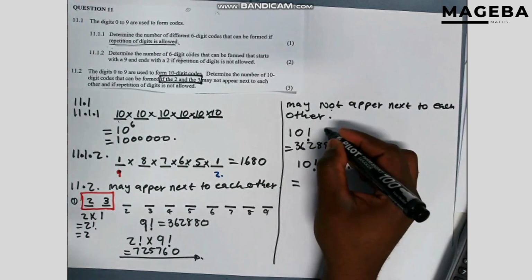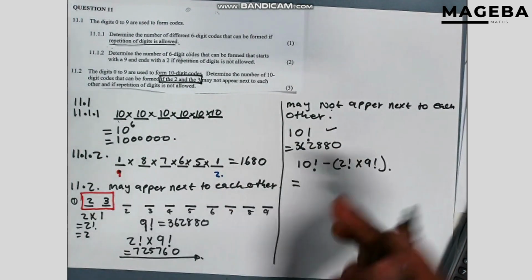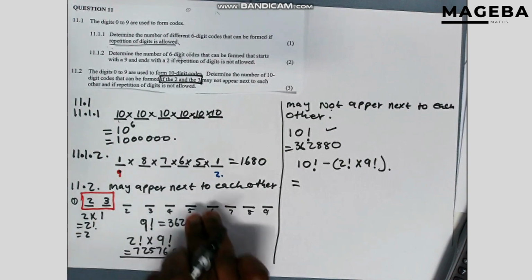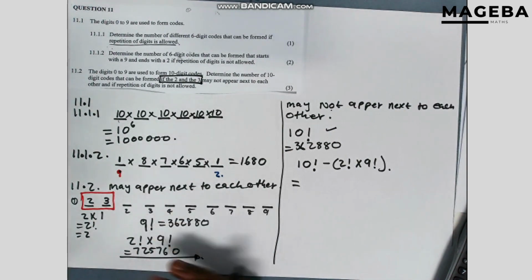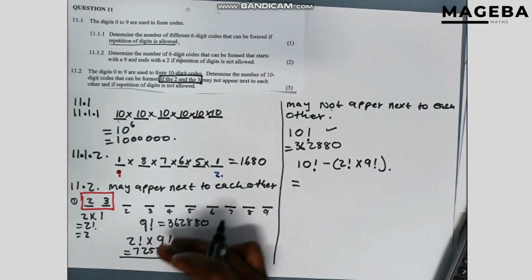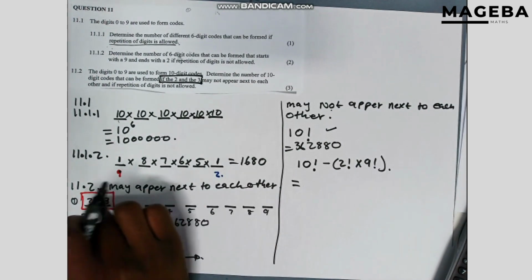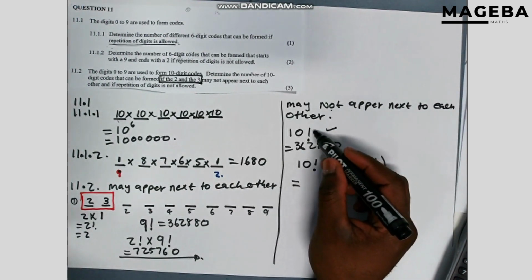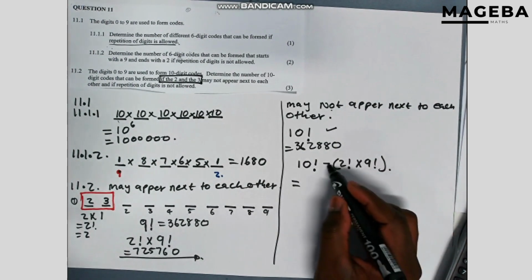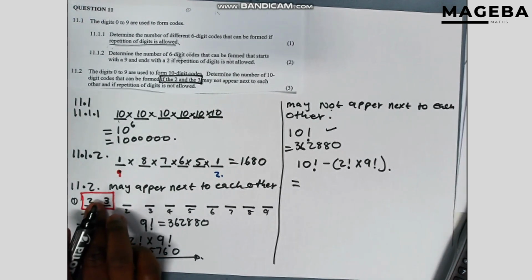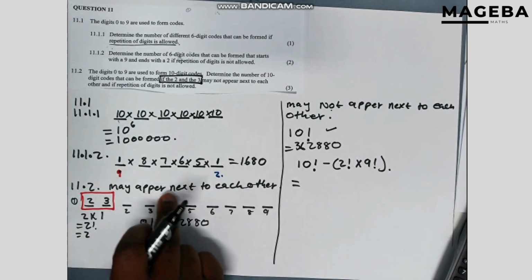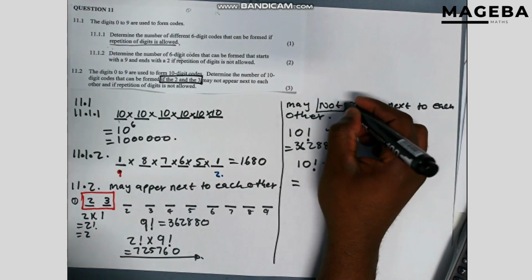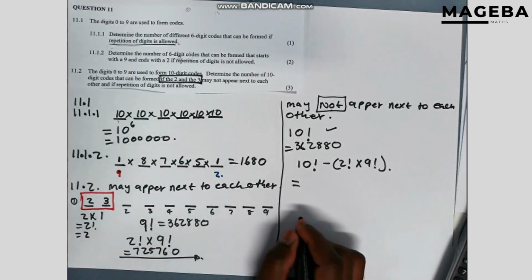We found the arrangement of all the numbers, and we found the arrangement where 2 and 3 appear next to each other. Now how do we find that the two numbers may not appear next to each other? You take the arrangement of all the numbers and subtract the arrangement where these two numbers appear next to each other.